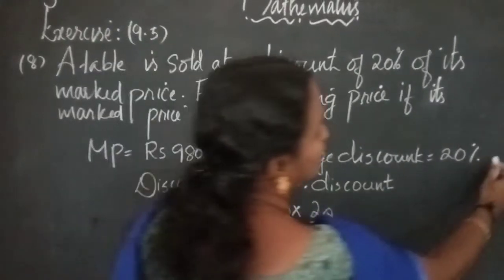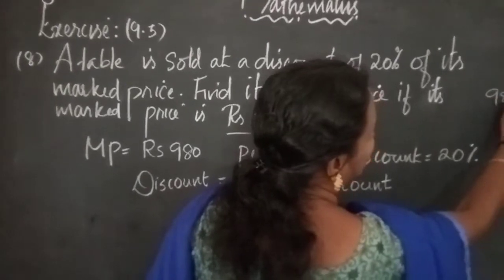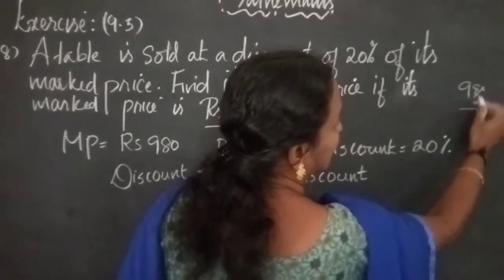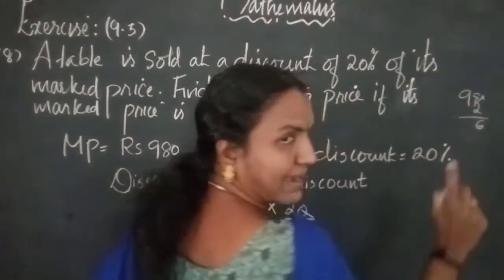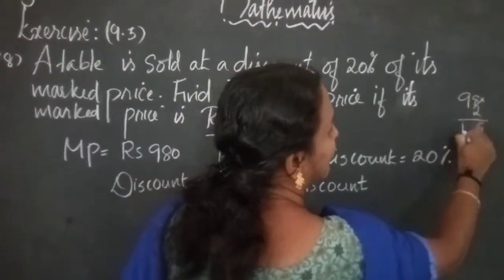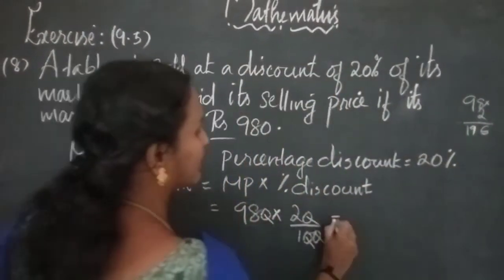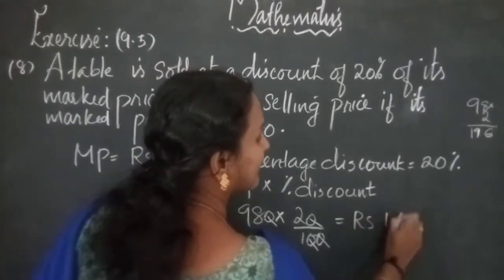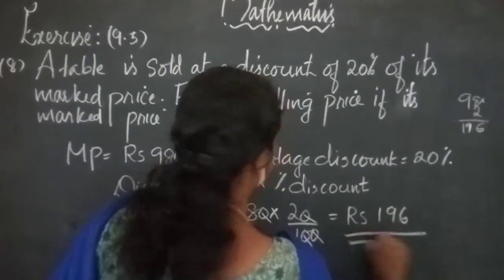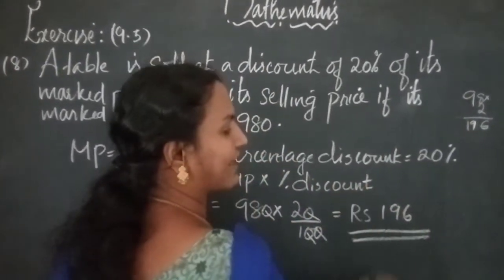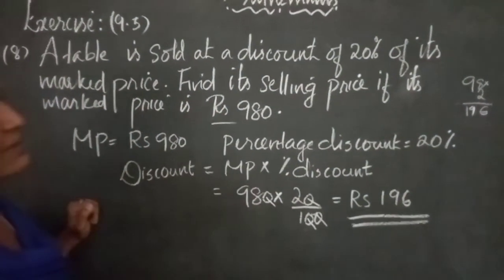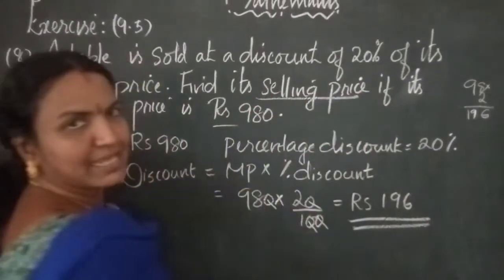So 98 into 2. 8 twos are 16, balance 1. 9 twos are 18, 18 plus 1, 19. So discount is rupees 196.